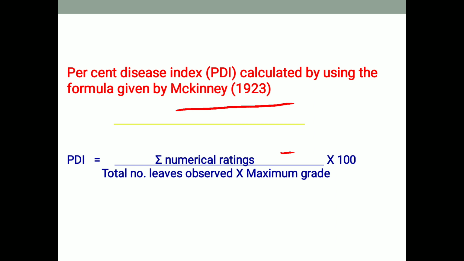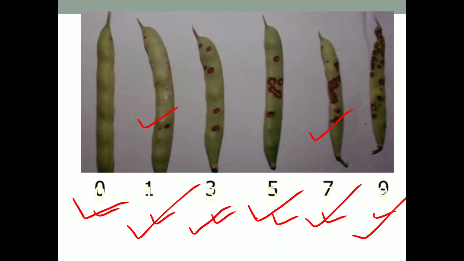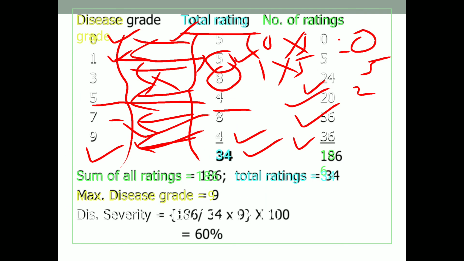So according to this formula, the summation of total ratings is 186, divided by the total number of leaves assessed, that is 34, into the maximum grade, which is 9, and it is expressed in percentage, so into 100.